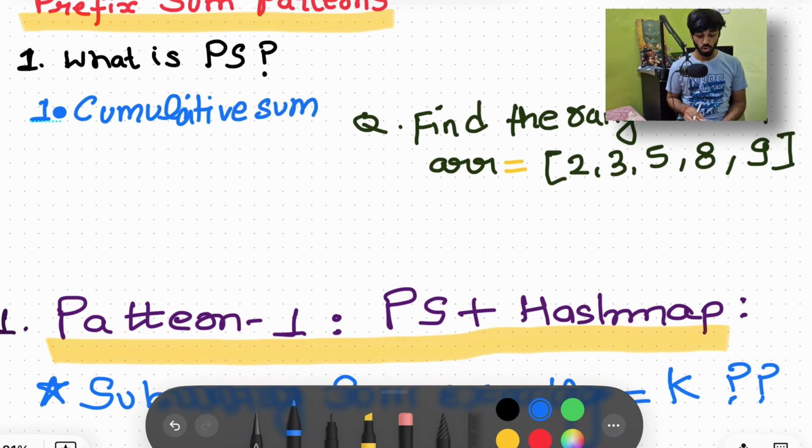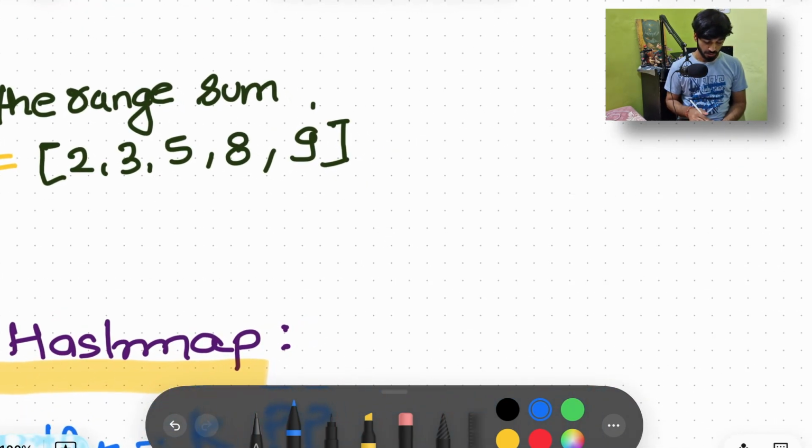Now what is a cumulative sum? For this array, the cumulative sum would be 2, then 2 plus 3 is 5, 5 plus 5 is 10, 10 plus 8 is 18, 18 plus 9 is 27. So this will be the cumulative sum for this particular array.